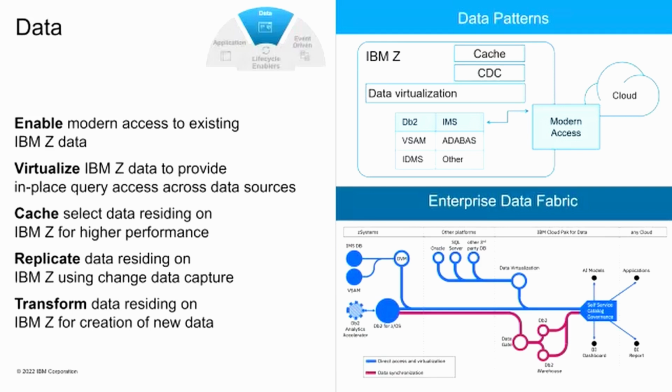So this is virtualizing data to provide in-place query, caching selected data residing on Z for high performance, replicating data residing on Z, and transforming data residing on Z. I'm not going to talk too much more about data, but there's much more detail available in the reference material if you're interested in data modernization.